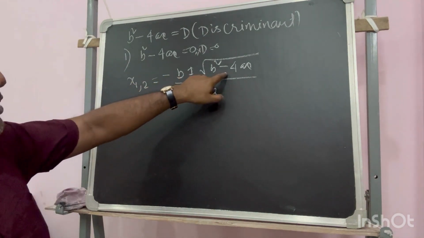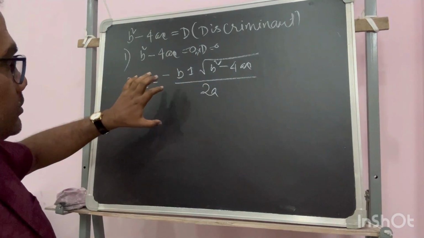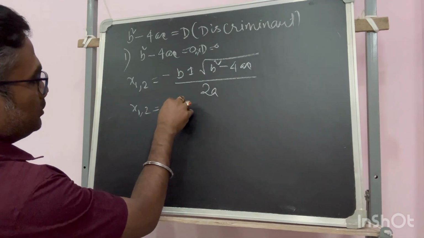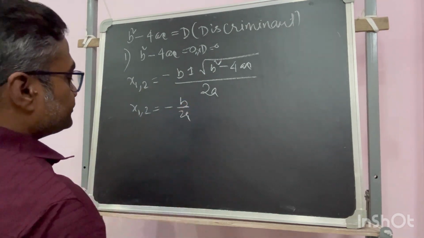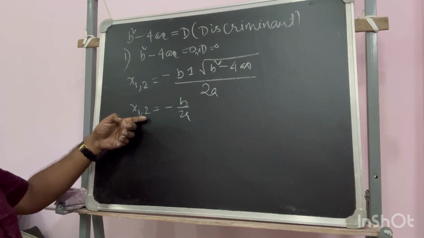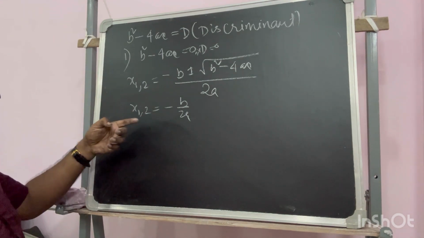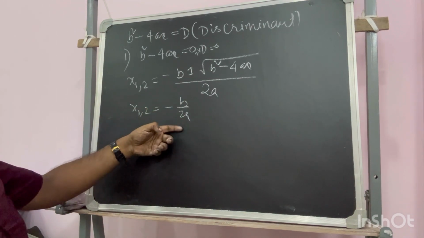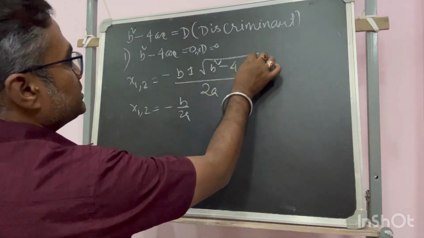If this term is not there, then x1 and x2 are equal to only minus b by 2a. So that means there is no variation between x1 and x2. x1 is minus b by 2a, and x2 is also minus b by 2a. This is possible when this term is equal to 0.